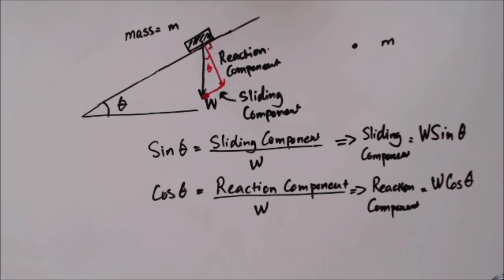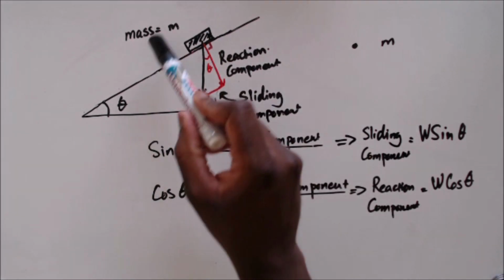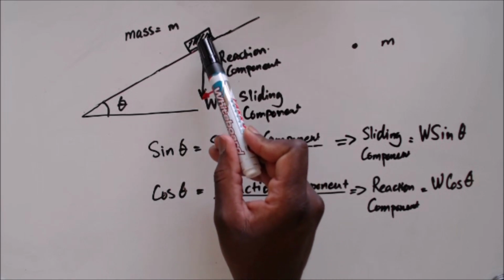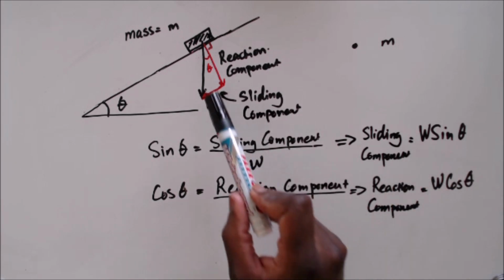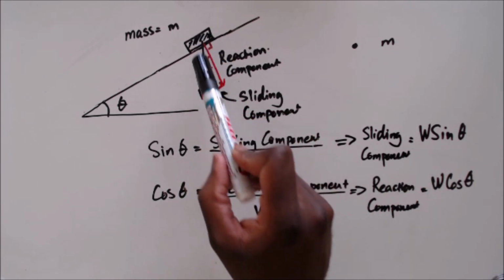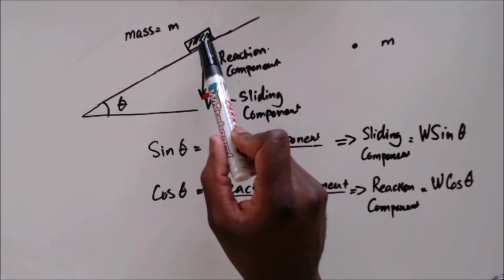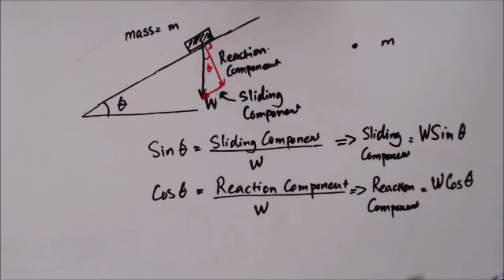And like I tend to do, so that you make sure that you understand it correctly and there's less chance of you getting these kinds of questions wrong, we'll always want to go to first principles as opposed to just blindly applying a relationship. But in this kind of setup, what we have is that the force which pulls the mass down the plane, which is the sliding component over here, is W sine theta, and the force which pulls the mass into the plane, which is the reaction component, is given by W cosine of theta.